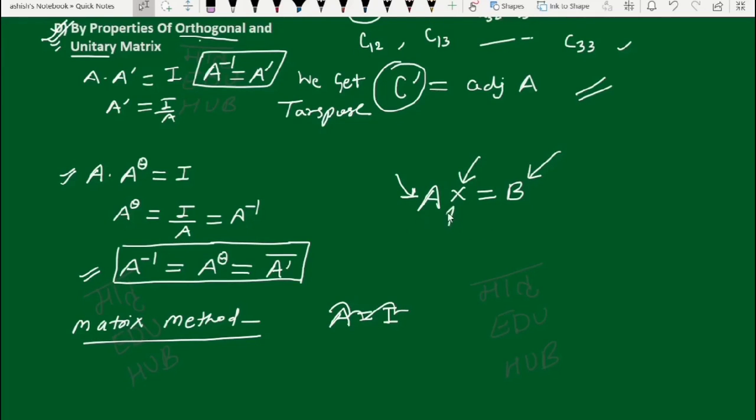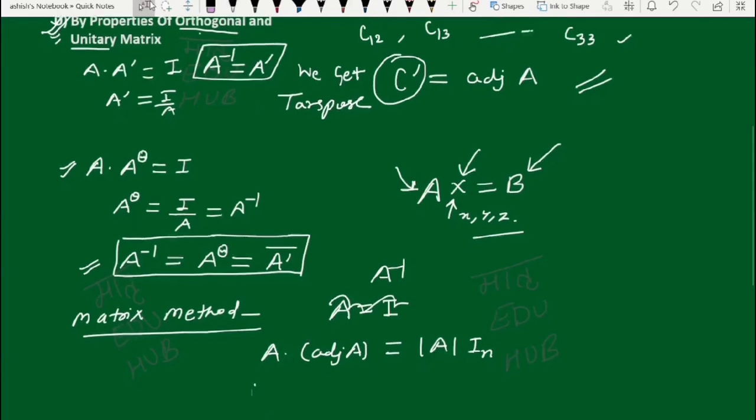In this method we find the solution of variables x, y, z, but here we have to find only the inverse. For this we know the property A into adjoint A equals mod of A into I of that order.